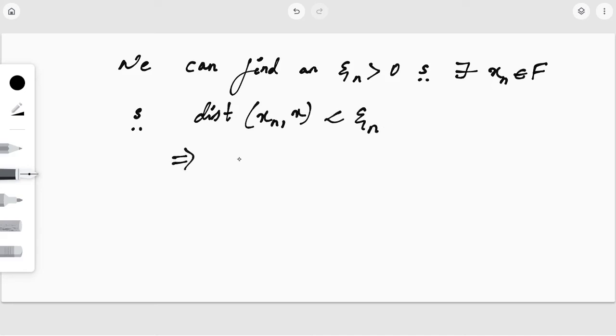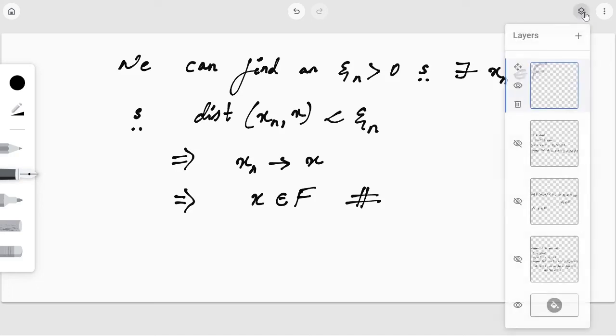So this implies xn converges to x, and as f was closed, we can say that x will be an element of f, which is a contradiction because we had assumed that x is an element of O. So our assumption was wrong, that is whenever we have an x belongs to O, the open ball of radius r around x will also be contained in O if f equal to O complement is a closed set.